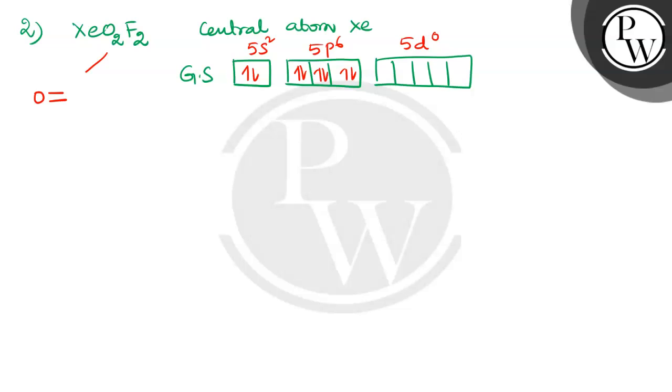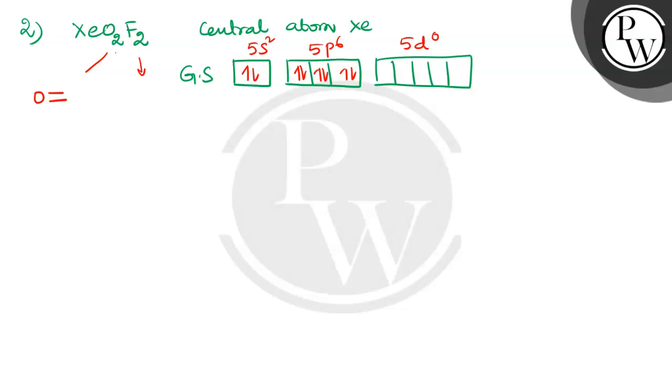Two twos are four bonds. Each fluorine forms one bond, two fluorines, two bonds. Four bonds formed by two oxygens and two bonds formed by two fluorines. 4 plus 2, totally 6 unpaired electrons required. But here there is no unpaired electron.